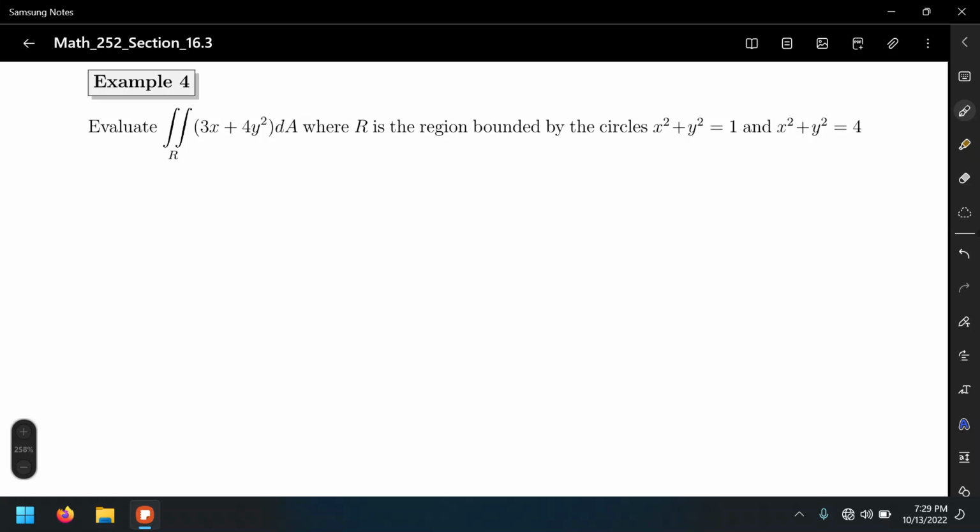So let's sketch these two circles. One of the circles is the circle of radius 1, and the other circle has a radius equal to 2.